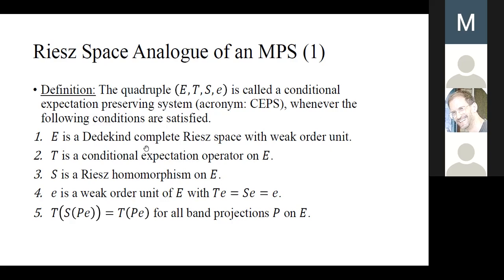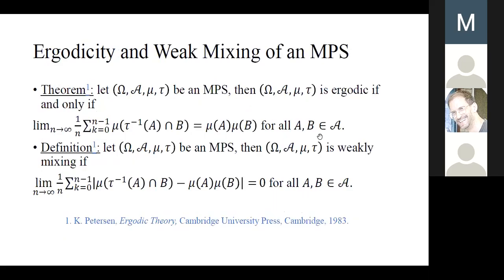Now, we need this Dedekind completeness. If we go back here, we're dealing with sets which belong to the sigma algebra. And so when we move into the Riesz space world and we take a conditional expectation of a band projection, that is going to, in the L1 case, give us the measure of a set. Now, if we have that E is Dedekind complete, we have the projection property, which means that every band in E is a projection band.